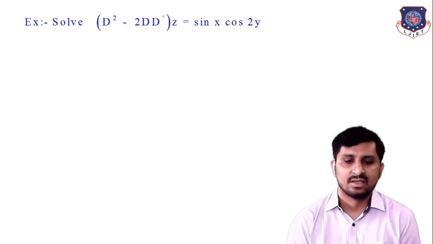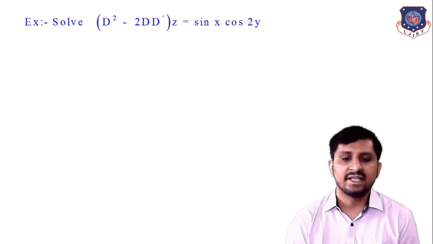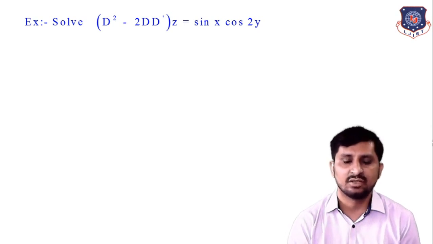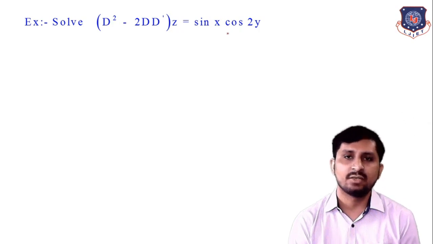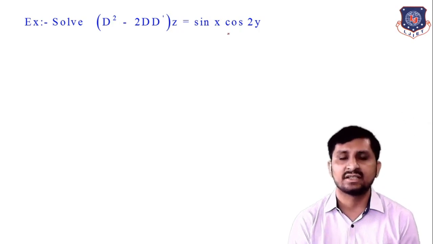Now next example: D square minus 2 D dash into z is equal to sin x into cos 2y. First of all, this multiplication form you have to convert into addition form using the formula that we know, that 2 sin alpha into cos beta is equal to sin(alpha plus beta) plus sin(alpha minus beta).